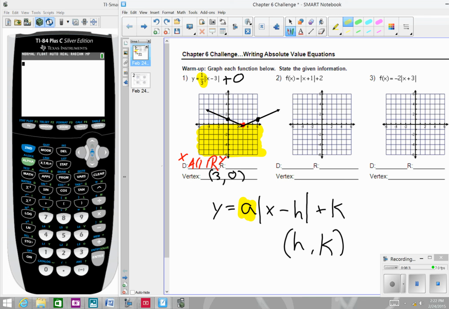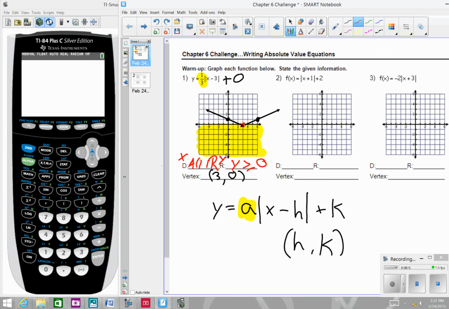The y is 0. So my graph consists of all my y values that are greater than or equal to what value? In this case, it's going to be 0.